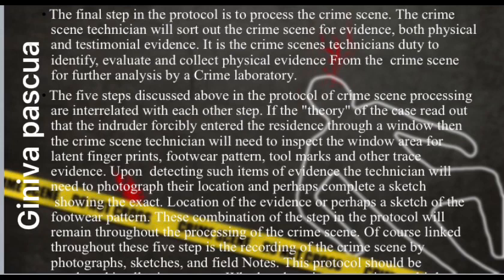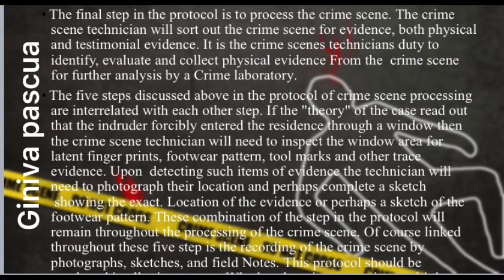If the theory of the case reads out that the intruder forcibly entered the residence through a window, then the crime scene technician will need to inspect the window area for latent fingerprints, footwear patterns, tool marks, and other trace evidence.